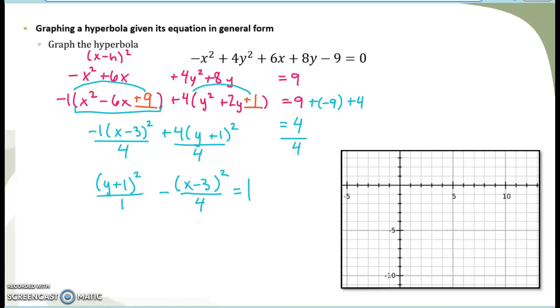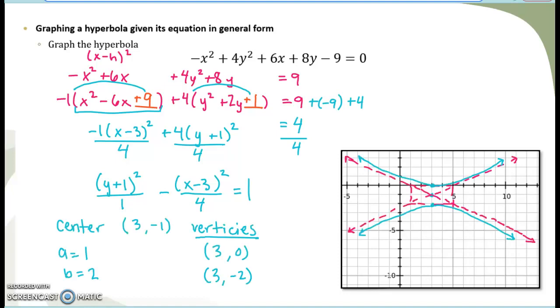Okay, now from here, we have previous videos on how to graph. So I want you to pause the video. I'm going to write some work out as you pause the video, and then when you push play again, you should see my solution on the graph.